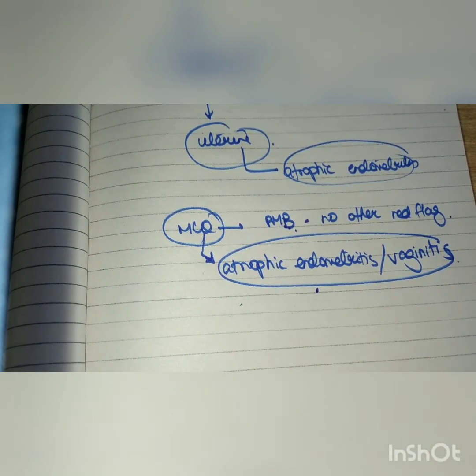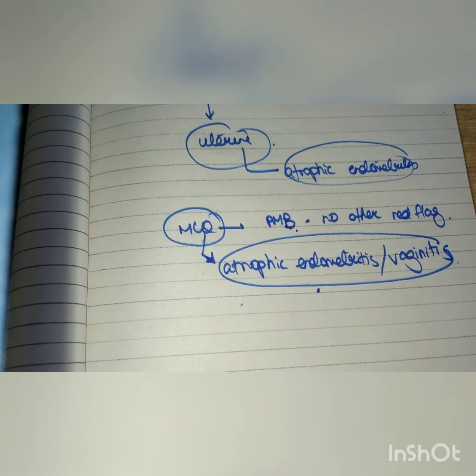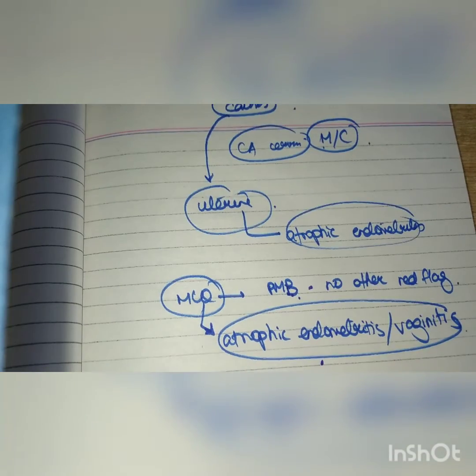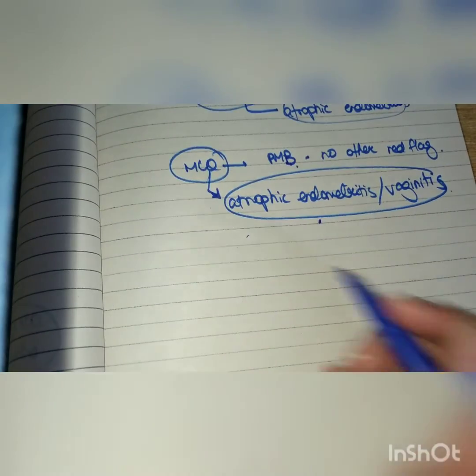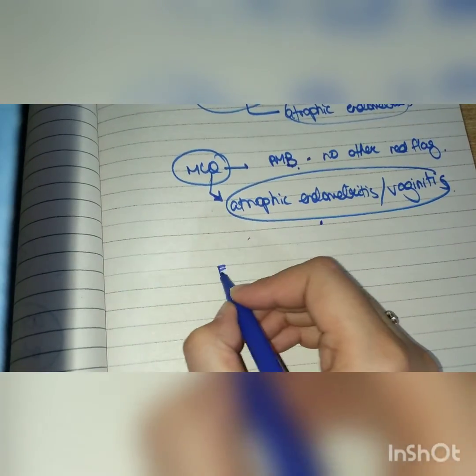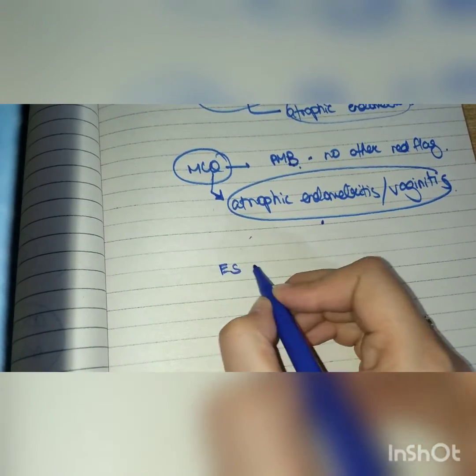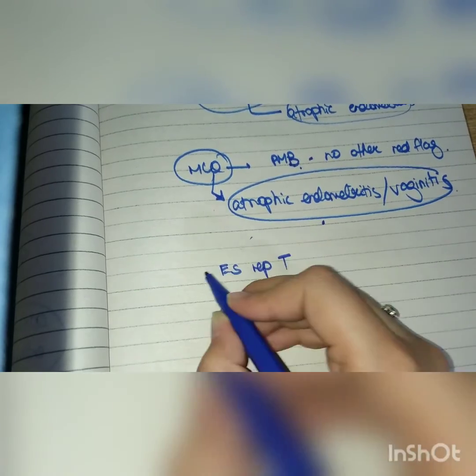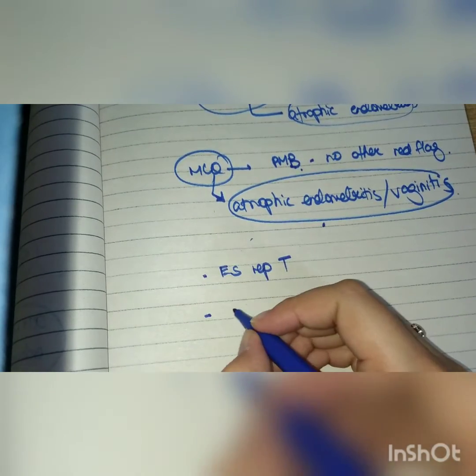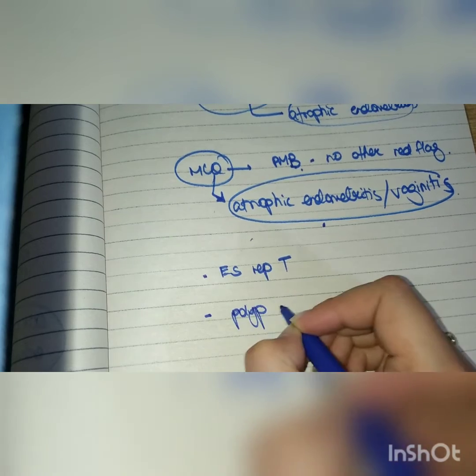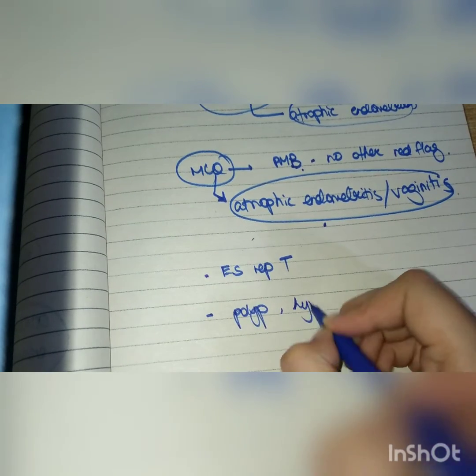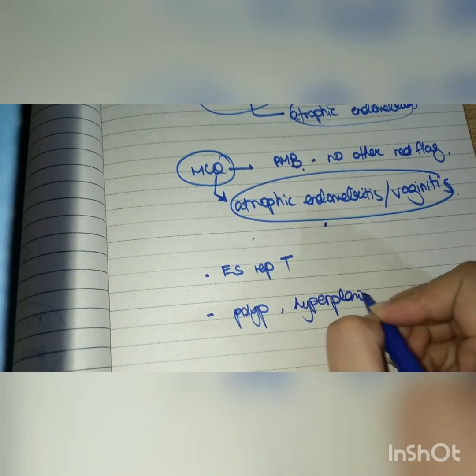Now what are we going to do? Basically, we're not going to do anything, we're just studying the causes. Other causes in the uterus are if the woman is taking estrogen replacement therapy, if she has an endometrial polyp, endometrial hyperplasia, or carcinoma.